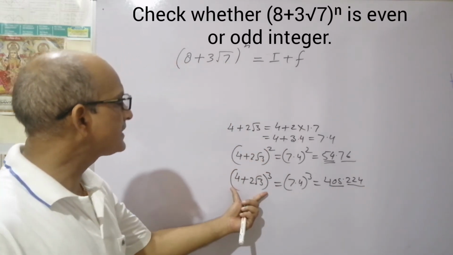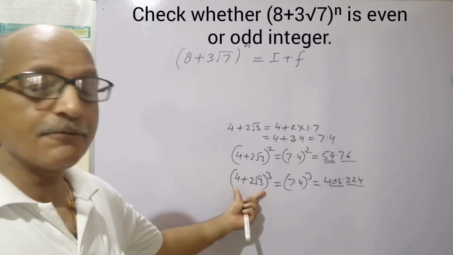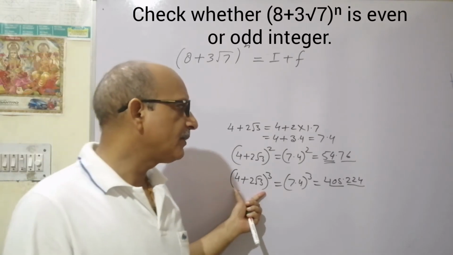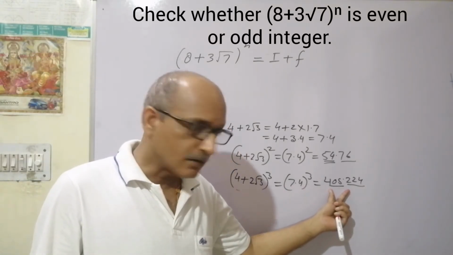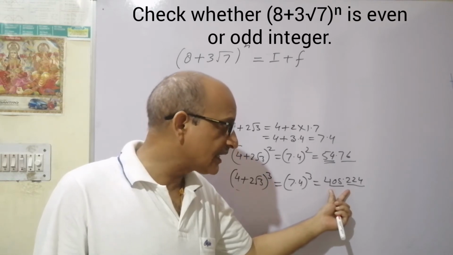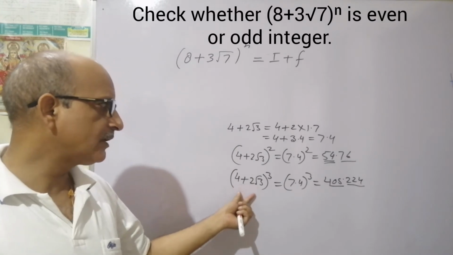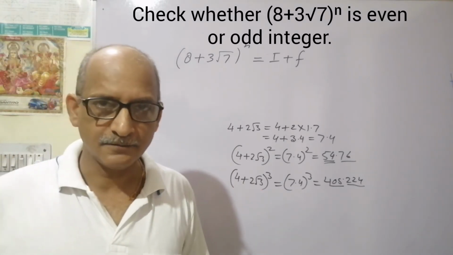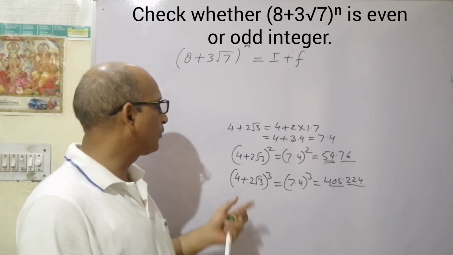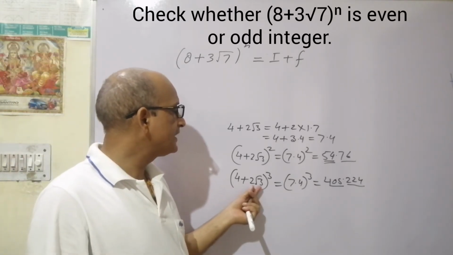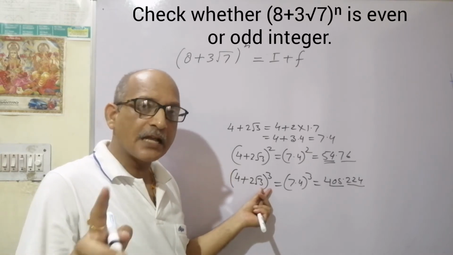So whatever power is taken for a real number, it can have one part integer and the other a fraction, provided that the components of the real number are integers. My words clear? Here we have 4 as an integer, 2 as an integer, and 3 under the root is also an integer.